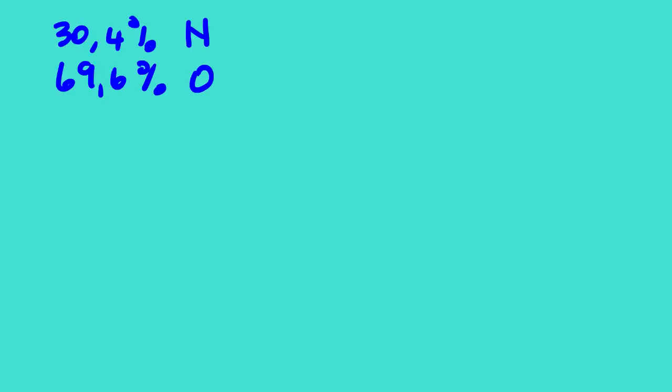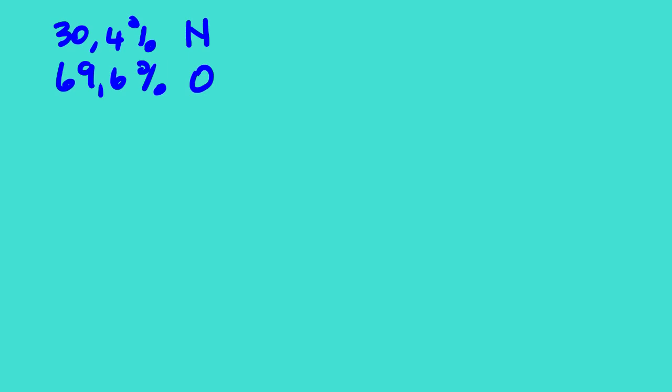Now that you know how to calculate the empirical formula, let us go to the molecular formula part. So in order to find the molecular formula, we need to first find the empirical formula.